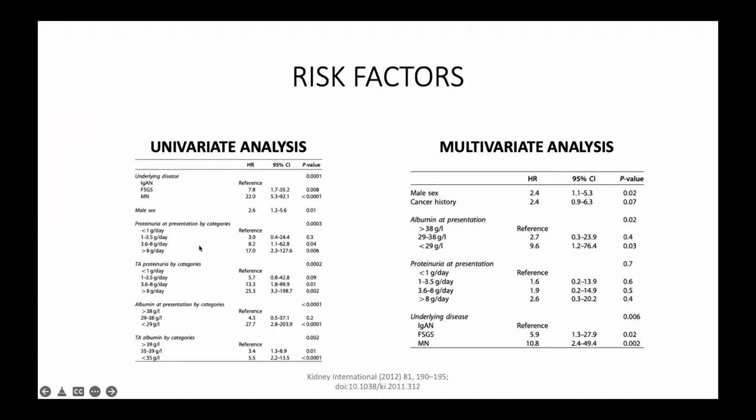Even though proteinuria was a risk factor on univariate analysis, when it came to multivariate analysis, proteinuria did not contribute significantly to the risk of thromboembolic complications. It is the hypoalbuminemia rather that has contributed significantly to the thromboembolic complications. Other than that, male patients are at increased risk.